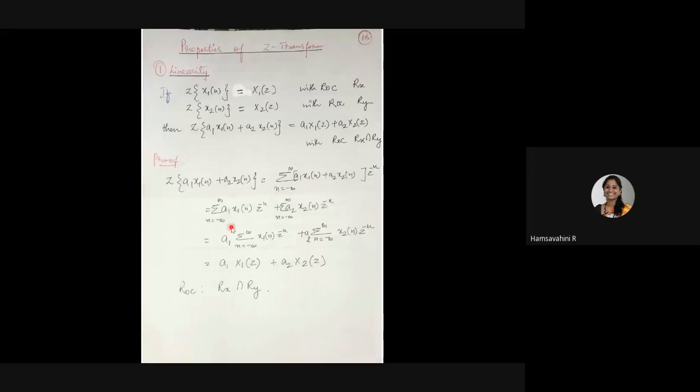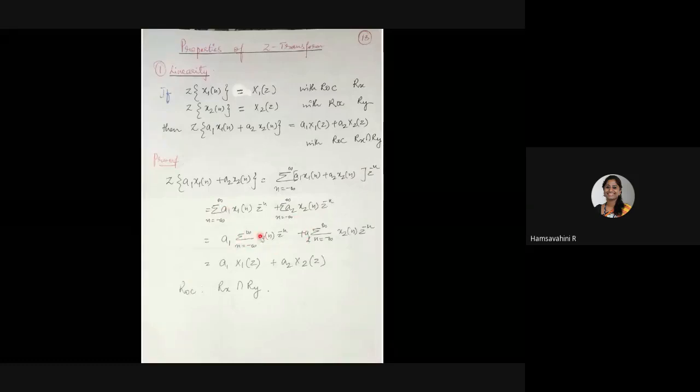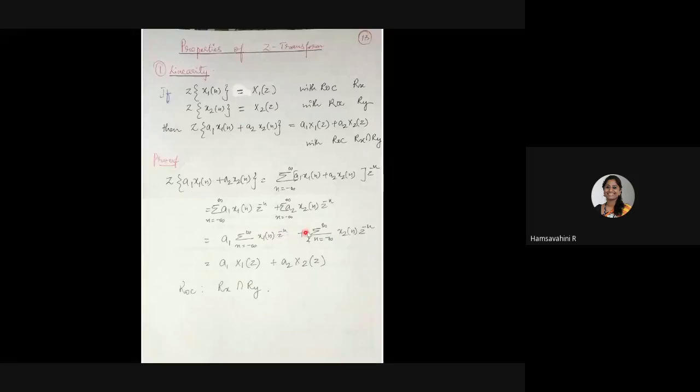Sum n equal to minus infinity to plus infinity A1 x1 of n z power minus n plus A2 x2 of n z power minus n. Now we'll take A1 and A2 outside the summations: A1 into summation n equal to minus infinity x1 of n z power minus n plus A2 into summation n equal to minus infinity to plus infinity x2 of n z power minus n.